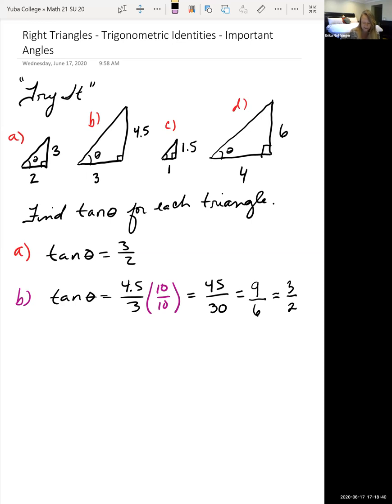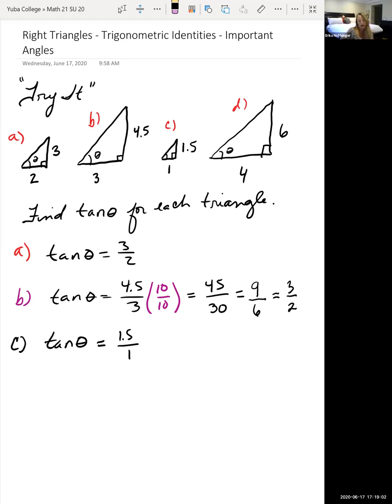Okay, so we want to do the same thing with C. So looking at the triangle for C, what is tangent theta in that case? 1.5 over 1. Right, so they're always a ratio of sides.